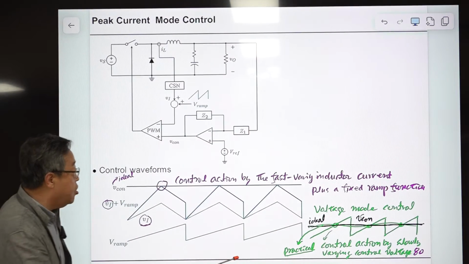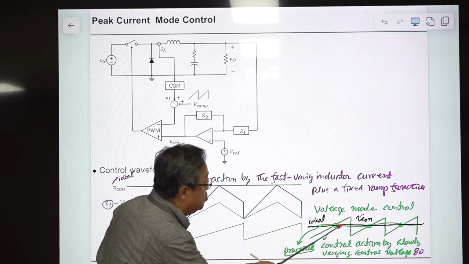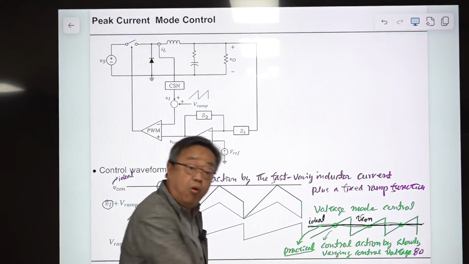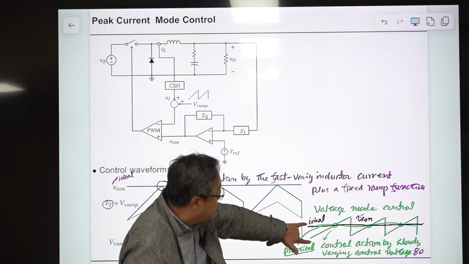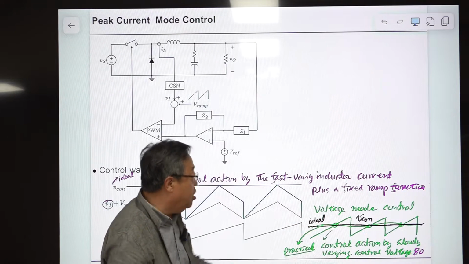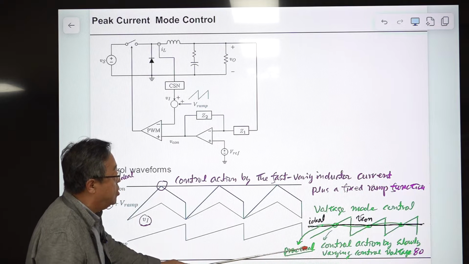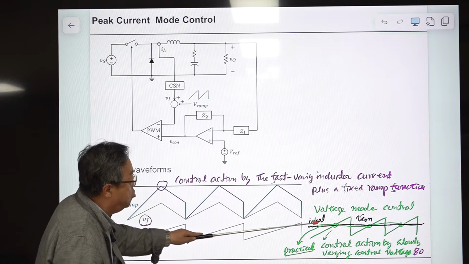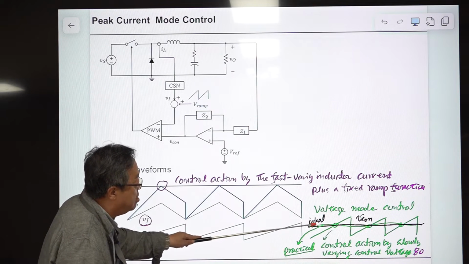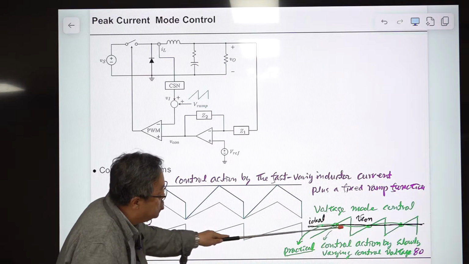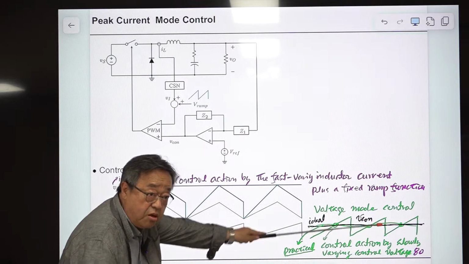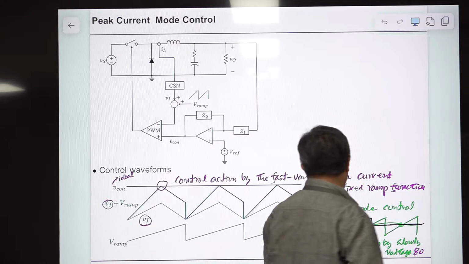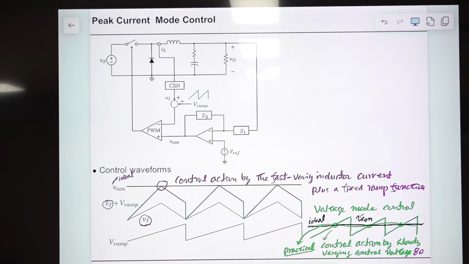But in a real situation, there will be some sinusoidal oscillation, relatively small compared to the DC component. So in the practical case, this control voltage will be different from the ideal case, and it has some sinusoidal oscillation like this. But this point is where the switching action is done, and it remains the same.